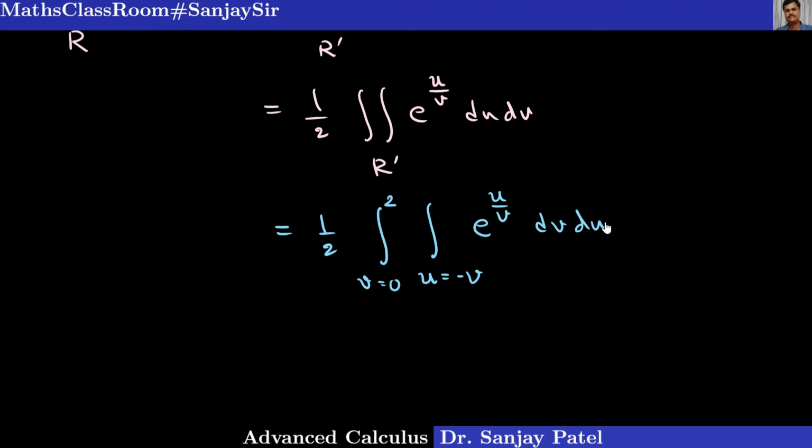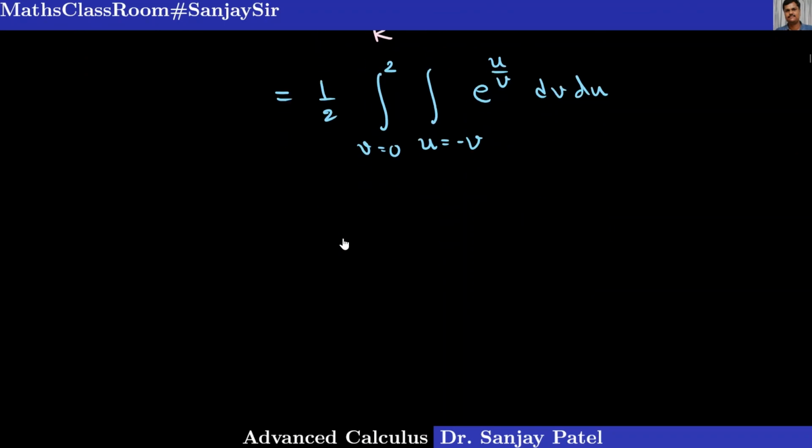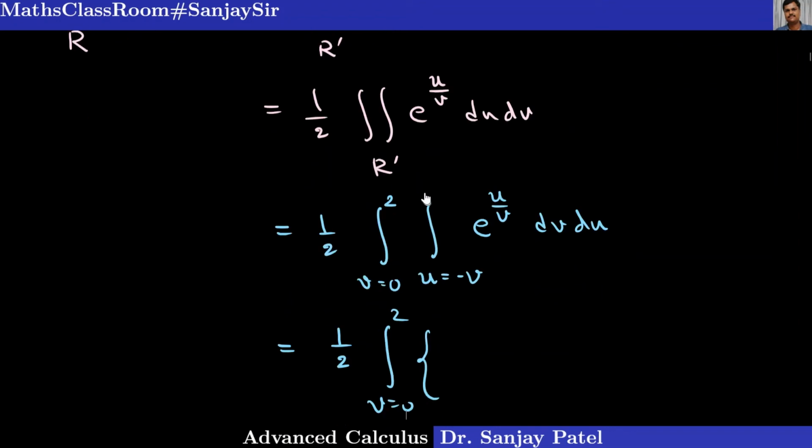So let us find the value of this integral. This is equal to 1 by 2 times integral v equal to 0 to 2. I forgot to write u equal to minus v to u is equal to plus v.